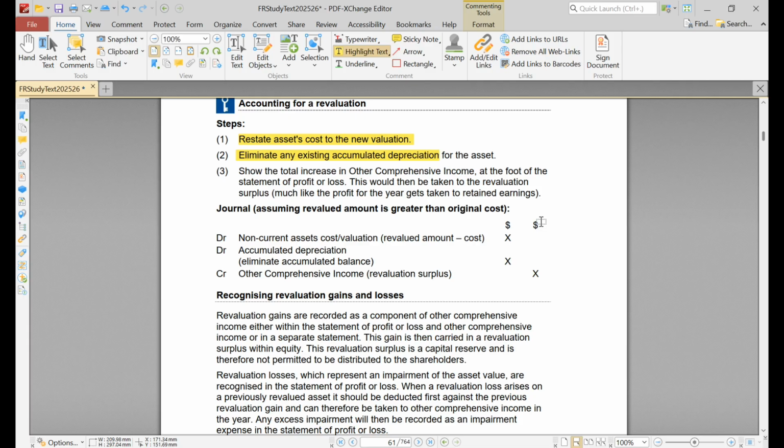Let's say right now the carrying amount is $10,000. You're revaluing after 1 year, and the fair value after 1 year, on that day, is, let's say, $15,000. Right now the value is 10,000.